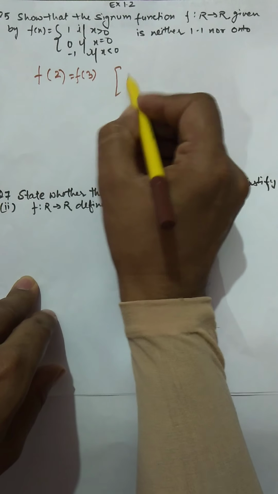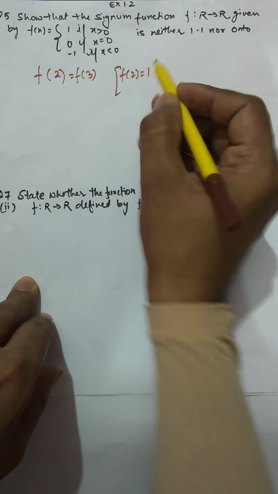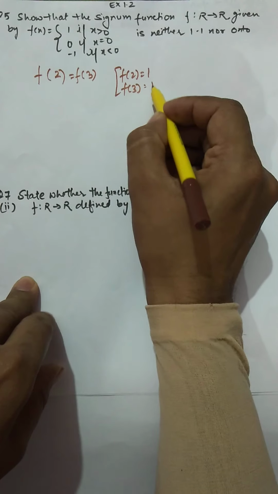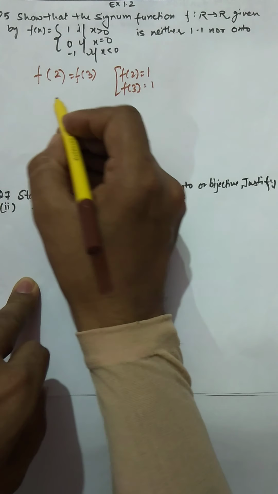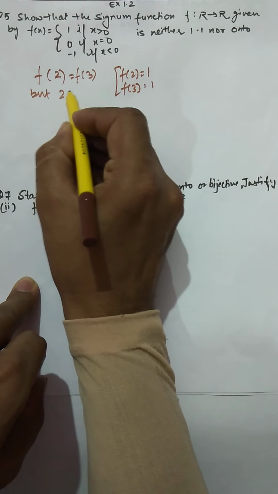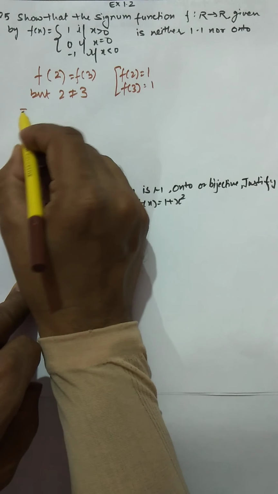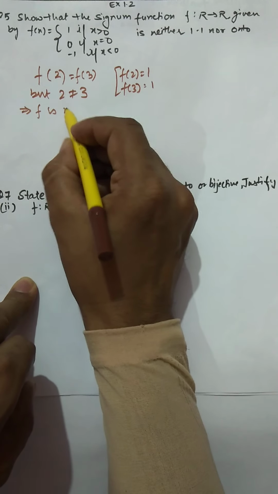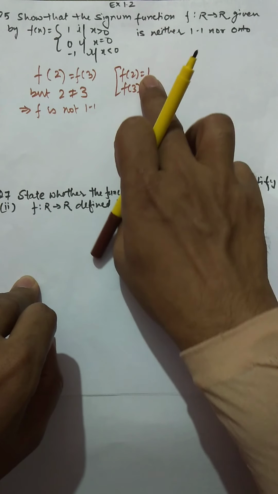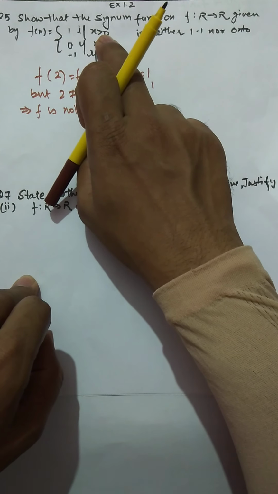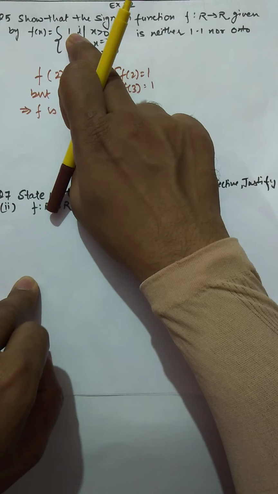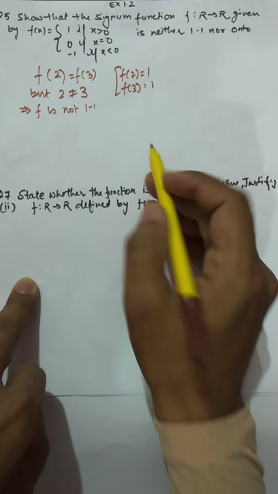You can mention on the side that f(2) is 1 and f(3) is also 1. So f(2) equals f(3), but 2 is not equal to 3. So it simply implies that f is not one-one. This is according to the definition that if x is greater than 0, then the function's value will be 1.